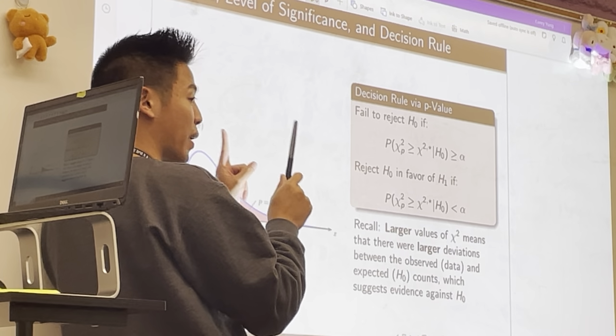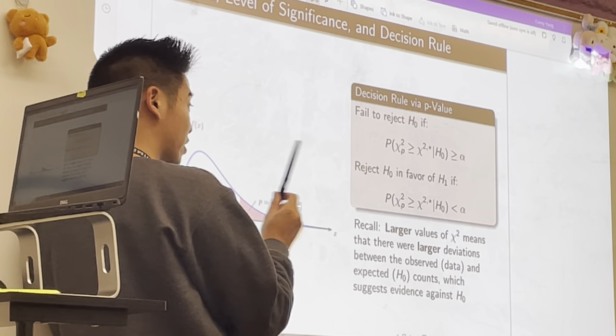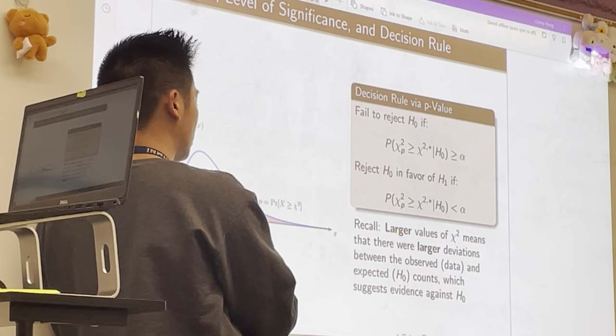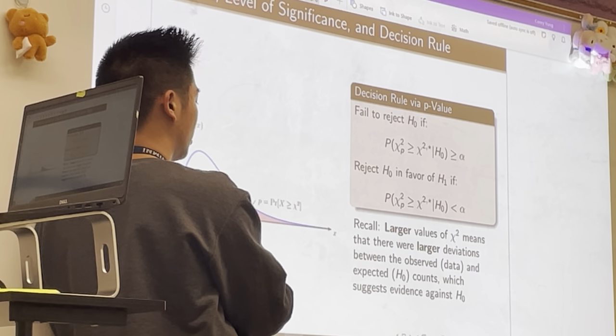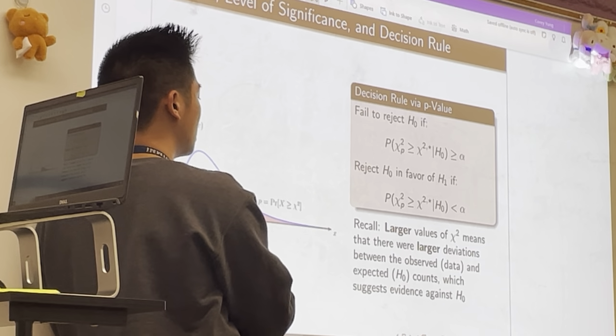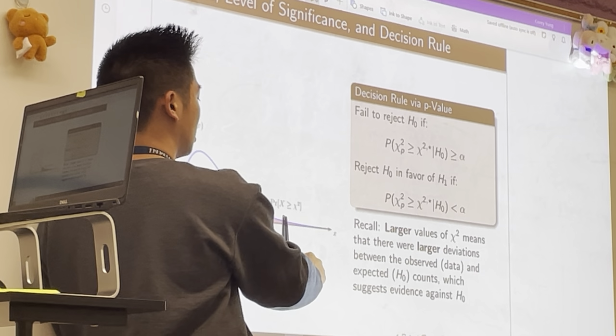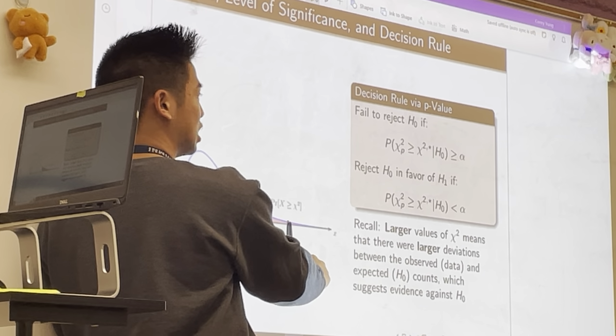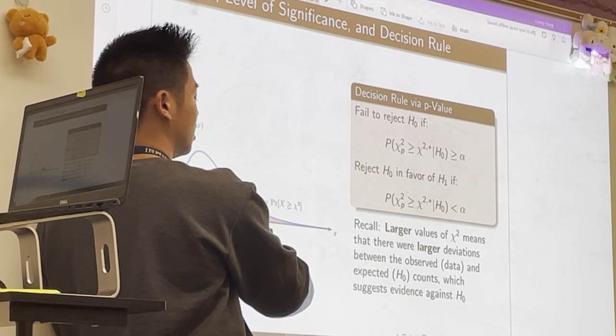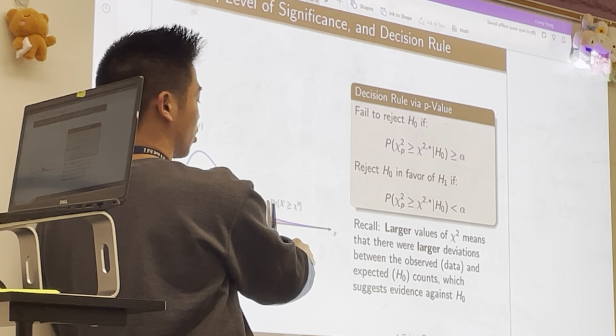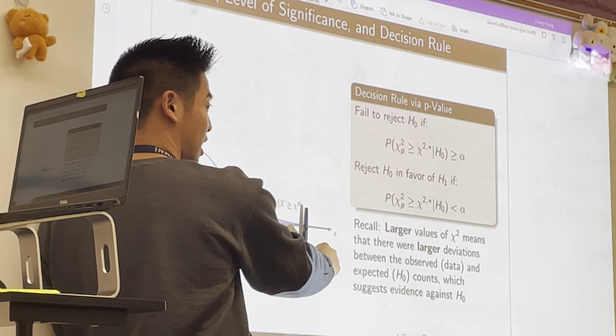Because in that formula, O minus E, if the differences are very large, then the value that we're adding up in this chi-square test statistic should give us a very big value. So that means it's going to push it all the way out here, which means that if it's way out here, then we should be in the rejection region on this side over here.